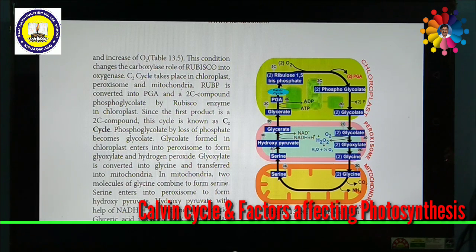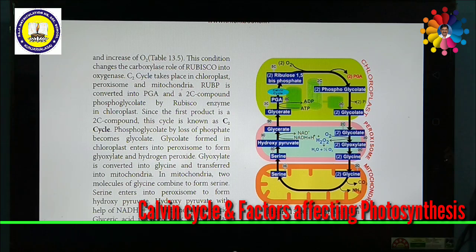But there is another type of respiration which is called photorespiration. Usually respiration does not need any sunlight, but this respiration takes place only in the presence of light, and moreover this photorespiration process takes place in organelles like chloroplast, peroxisome, and mitochondria.